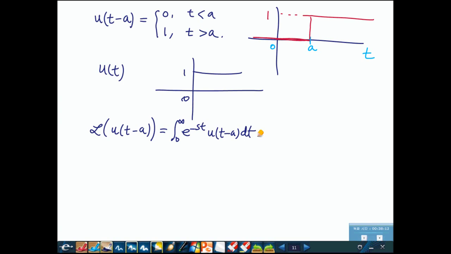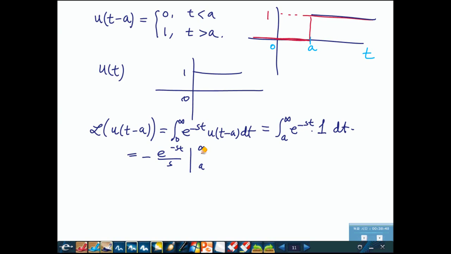Since the function is all 0 for t less than a, there's no integration for that part. So it's from a to infinity of e to the minus st times 1, since it's all 1 there. This becomes minus e to the minus st over s from a to infinity.